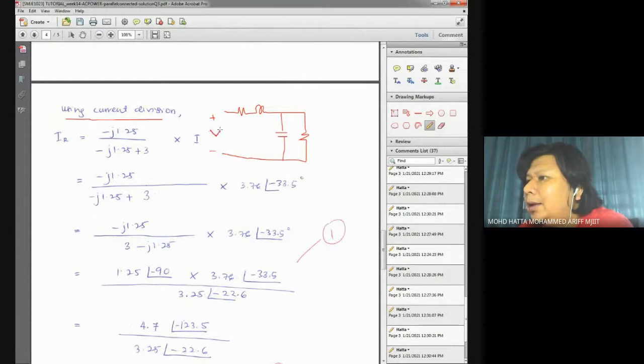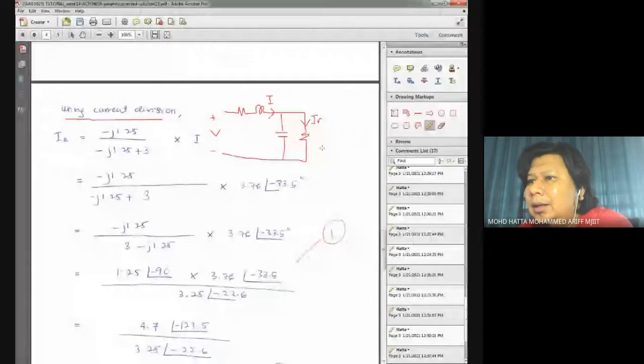Okay, and the current IR is over here. And currently, we did the calculation of I, and using the current division, we can easily find what is the value of IR over here.